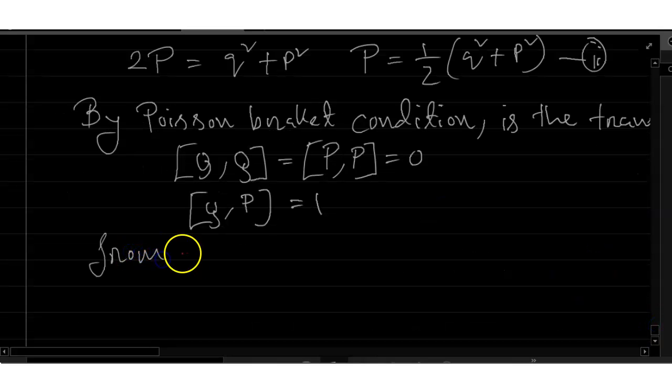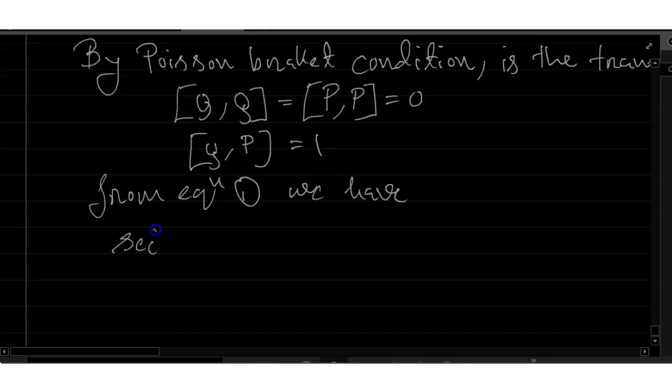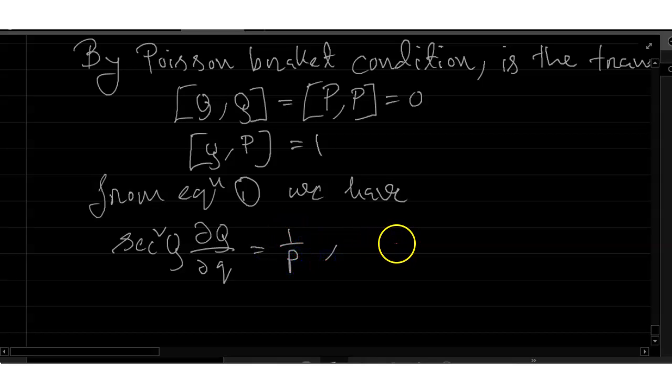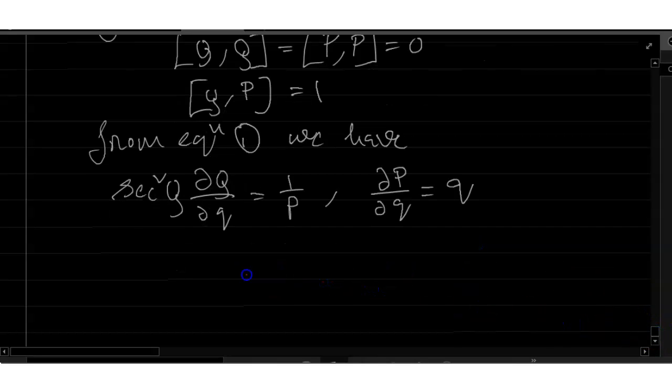From equation 1 we have sec squared q equal to 1 by p, and ∂p/∂q is equal to q.